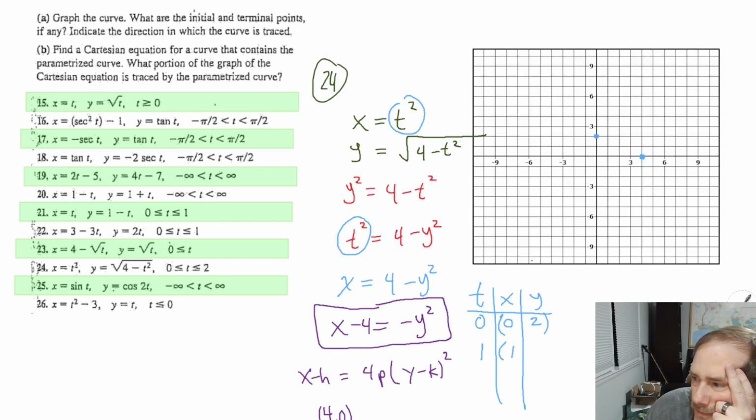Oh, I didn't want 1. JK. 1 would give me an ugly number. Let's actually do 2. Which gives me 4. And then 4 minus 4 is 0. So there's that point.